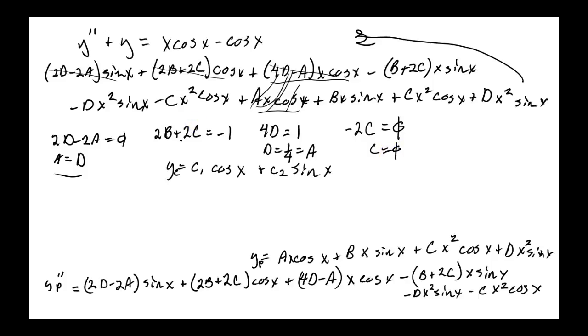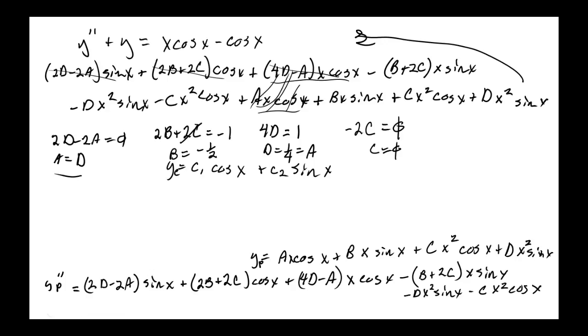And if c is equal to 0, you got b is equal to minus 1/2. And we got that from this one and that one.